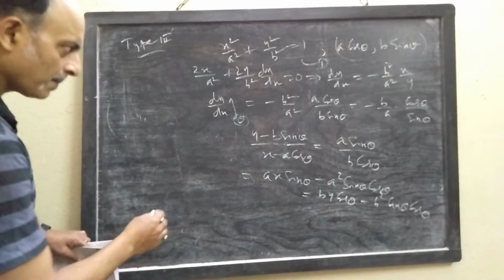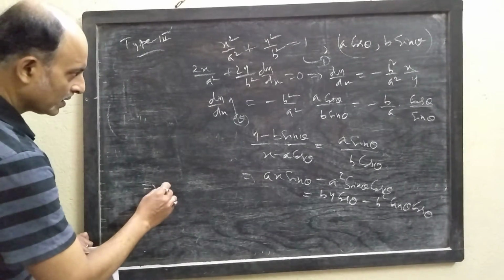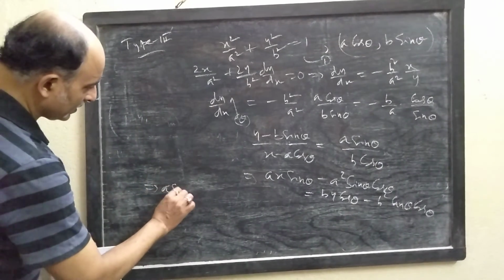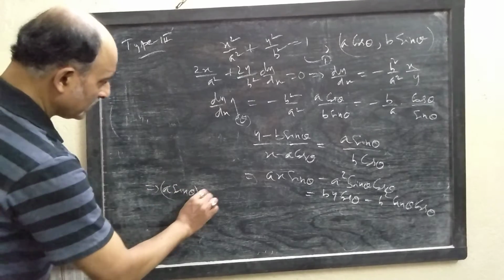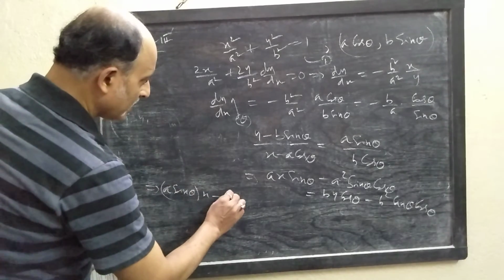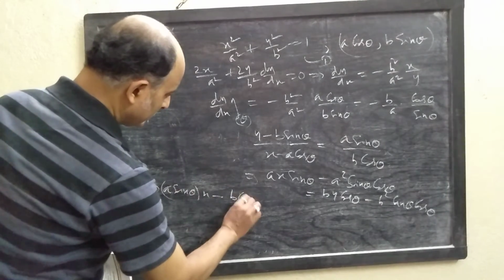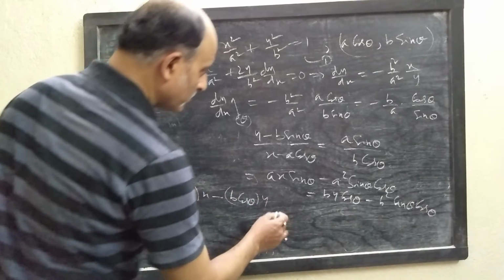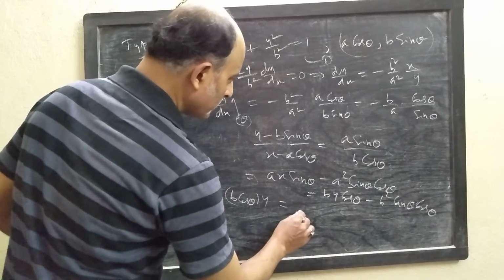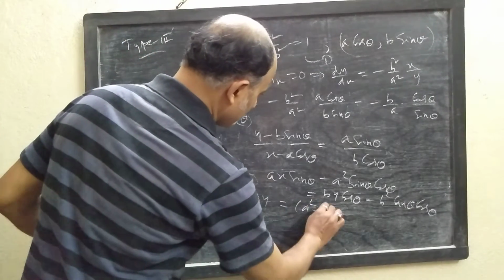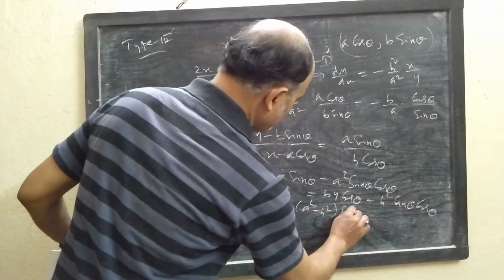Now this will be a sin theta into x minus b cos theta into y equals (a square minus b square) sin theta cos theta.